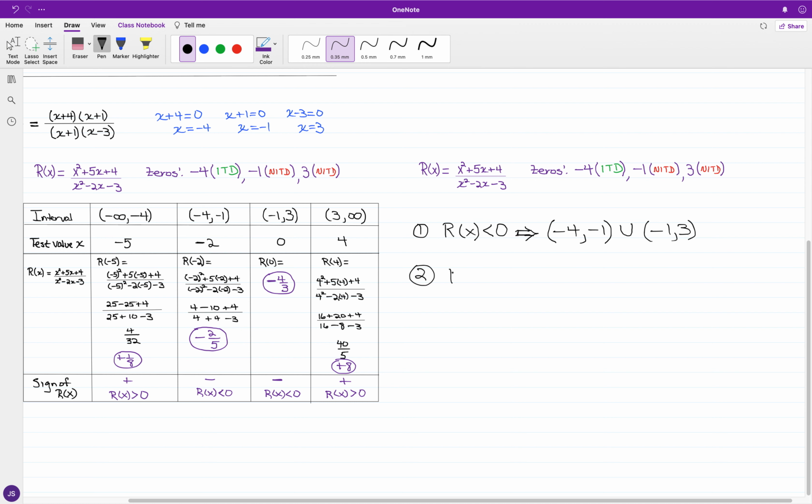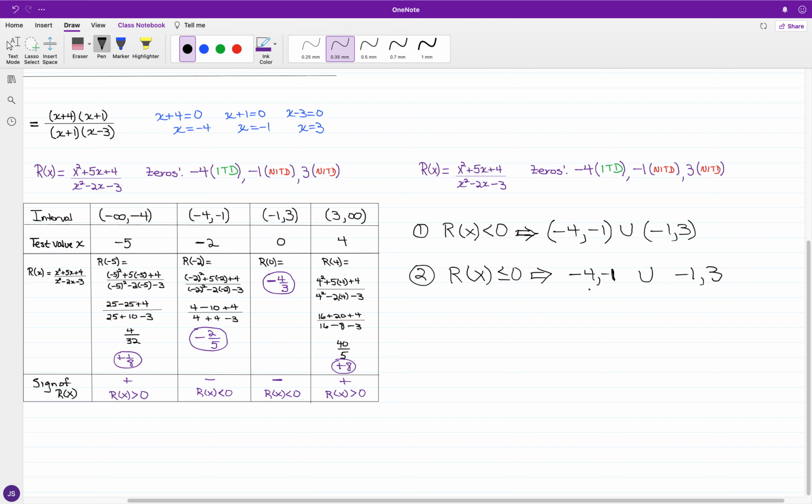Now, if I have that the rational expression is less than or equal to 0, we're looking at the same direction as less than 0. And now with the equal sign, there is the potential for there to be brackets, but it's no guarantee until we look at what is in the domain and what is not.